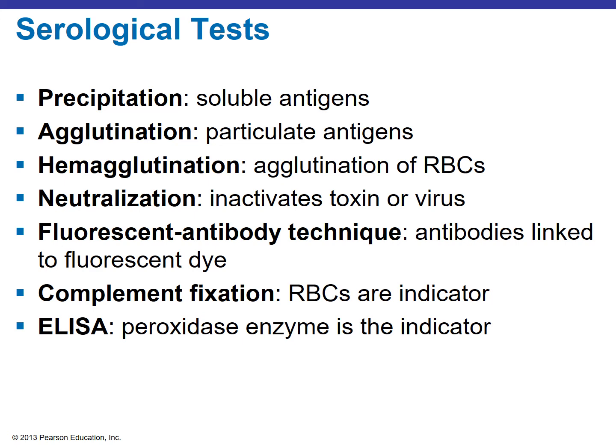The fluorescent antibody technique is immunofluorescence. We didn't talk about complement fixation, but the ELISA test uses a peroxidase enzyme as the indicator. So this was just a short lecture on the immunological diagnostic tests.